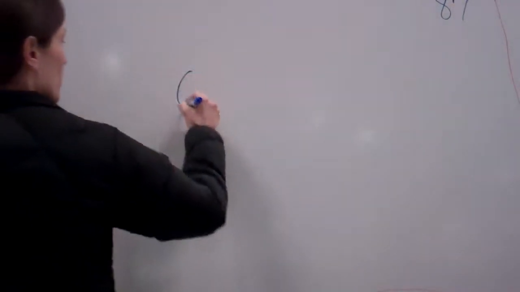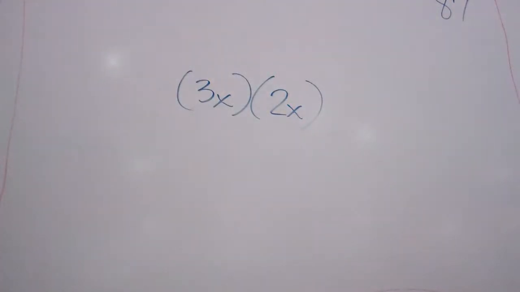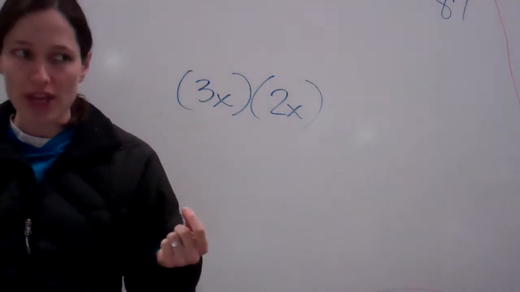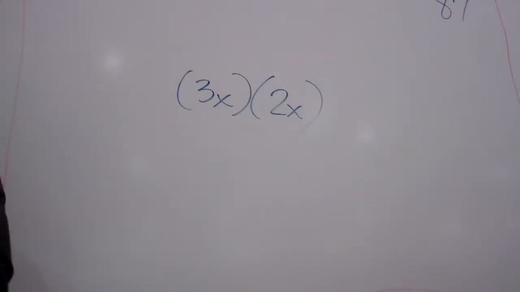So, for example, what does it mean when I have parentheses around both of these? It means I'm going to multiply, okay? Now, the cool thing about this is you're going to multiply your numbers, then you're going to multiply your letters.